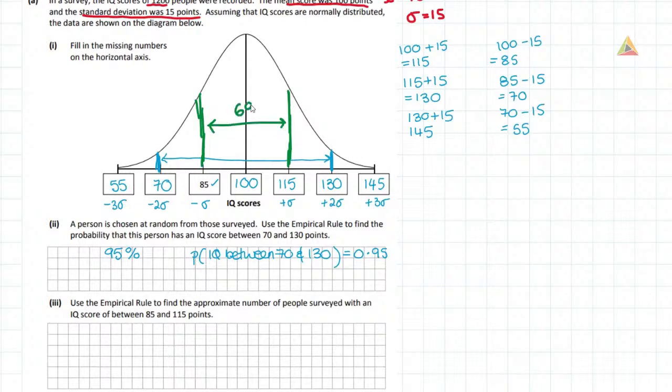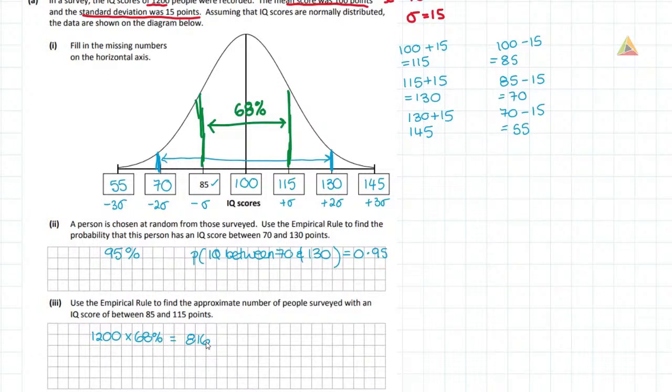And we know that this is 68% of the data when we're dealing with our empirical rule. So that means we're going to have 68% of the 1,200 people that were surveyed. So we're just going to find 1,200 multiplied by 68%. And that gives us a figure of 816.